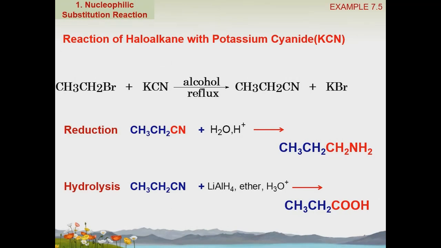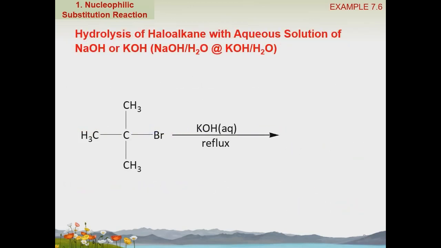For example 7.5 just now, these are all the reaction equations that have been discussed separately. The second reagent for nucleophilic substitution reaction on haloalkane is an aqueous solution of sodium hydroxide or potassium hydroxide. Here, we are going to use an aqueous form, meaning that the base has a lot of water so that it is a diluted solution.